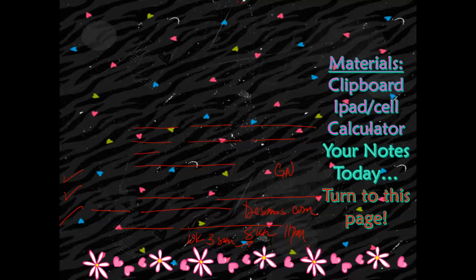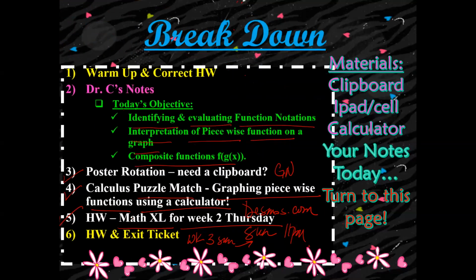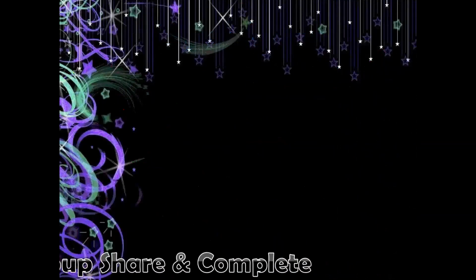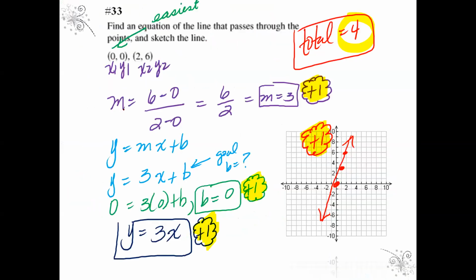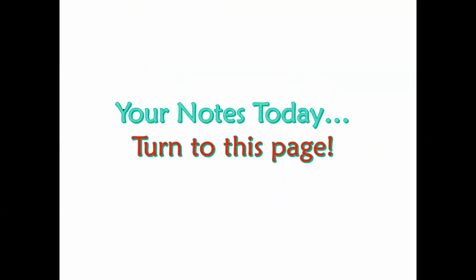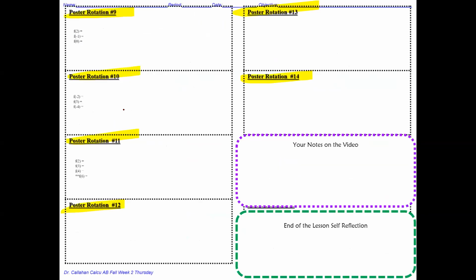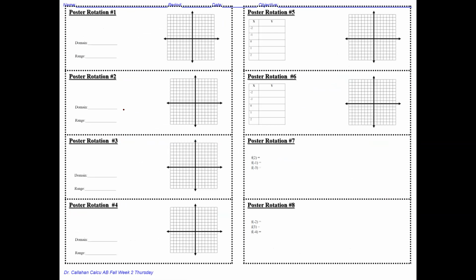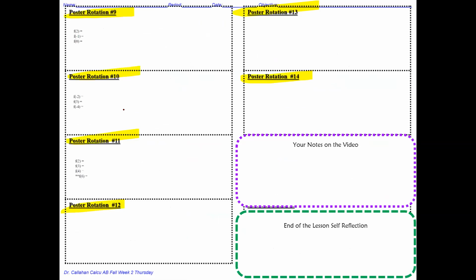Okay, so let's go ahead and get started with this. So here's your guided notes. This is the poster rotation template. Obviously, you don't have a poster rotation, but you'll be able to see them on this document with this PowerPoint.